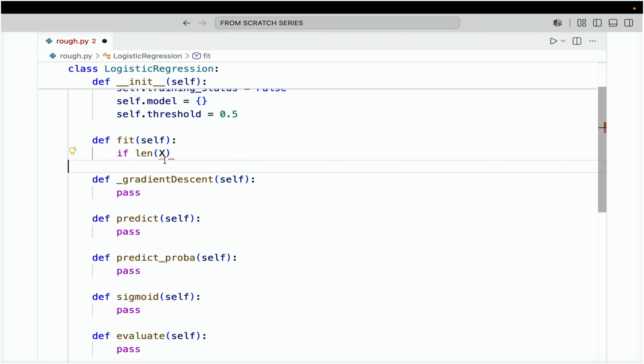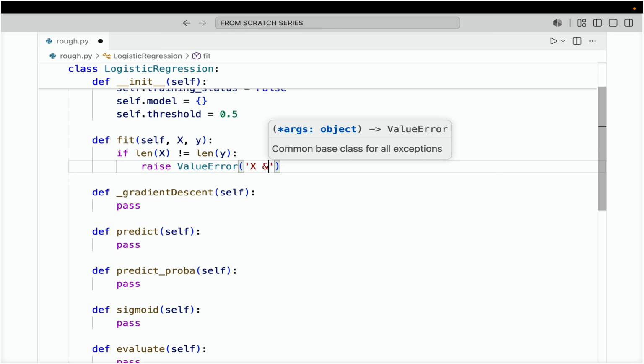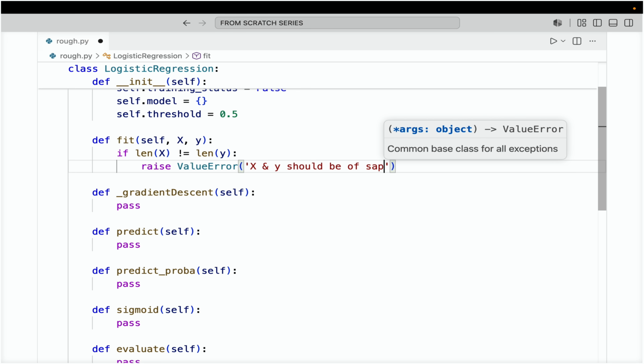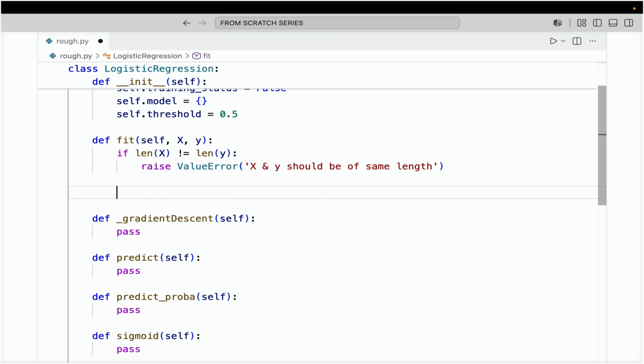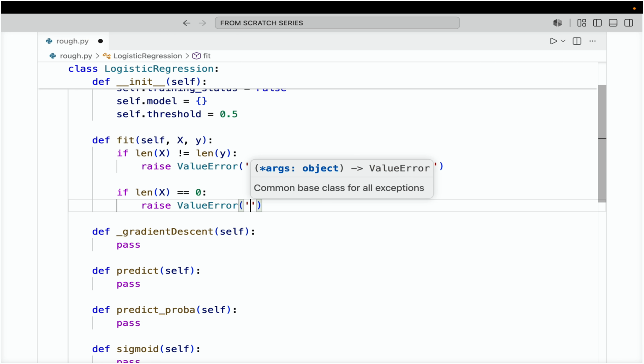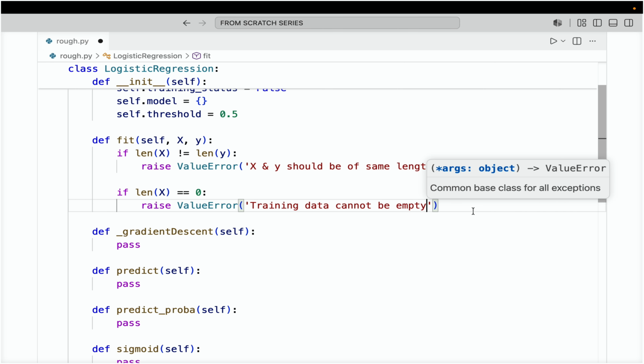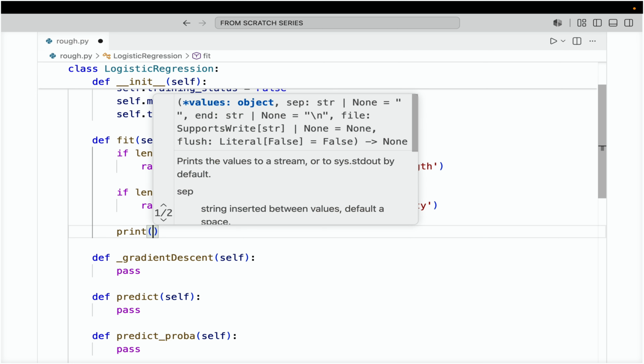If the lengths don't match, then we raise a value error saying that x and y should be of same length. And the training data cannot be empty. Yeah, that looks good.